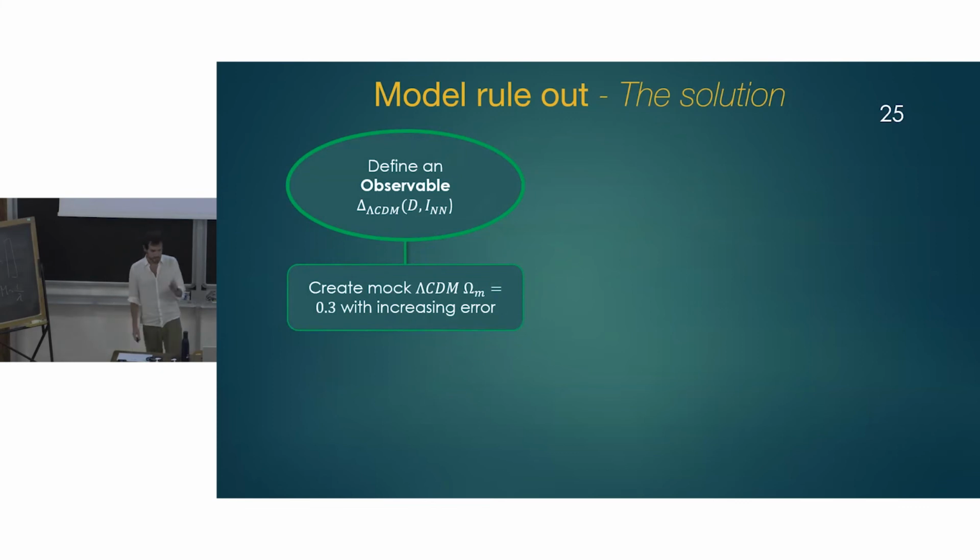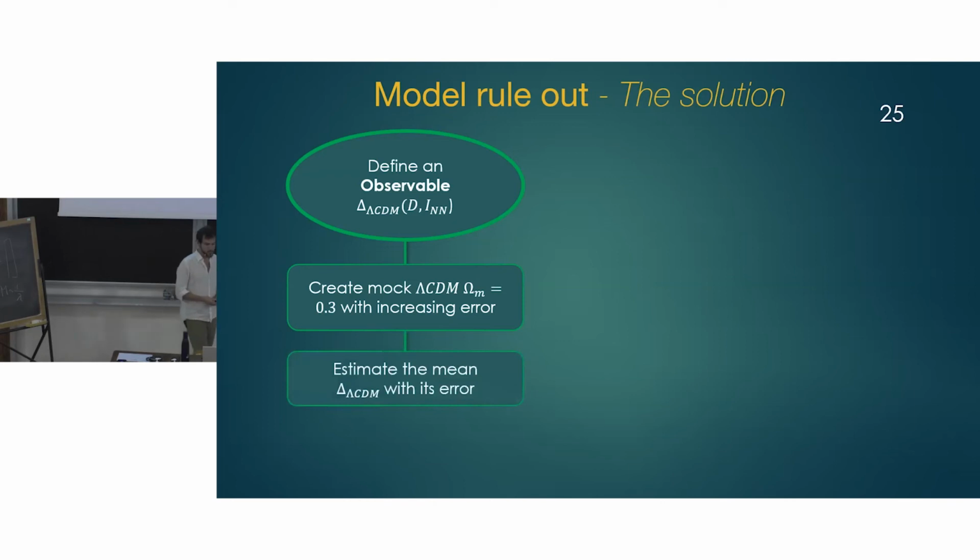We generate a mock data sample of the lambda CDM model, with the same procedure as before, with omega m, and the errors increasing. So we have lots of different data samples with increasing errors. Then we estimate this indicator here, delta omega m, with its error.